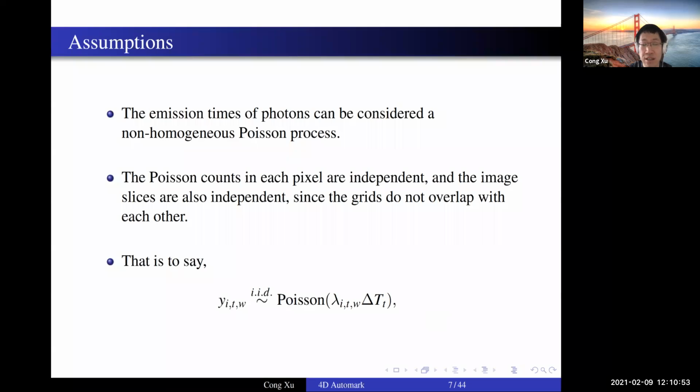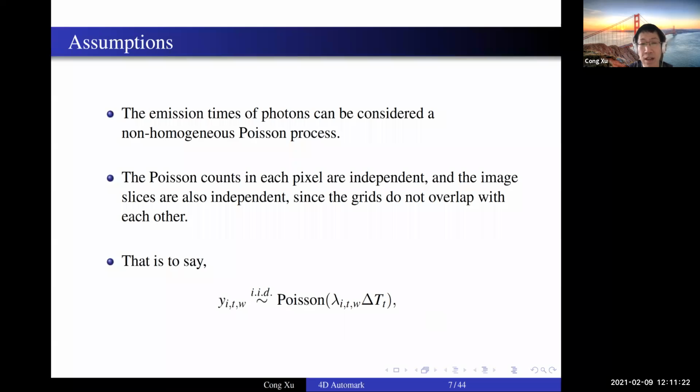The second index t denotes the time points, and the third one w denotes the energy band. So each Y_{itw} is a pixel in the images. They are, oh, it shouldn't be IID, sorry. They are just independent. They are not identically distributed.